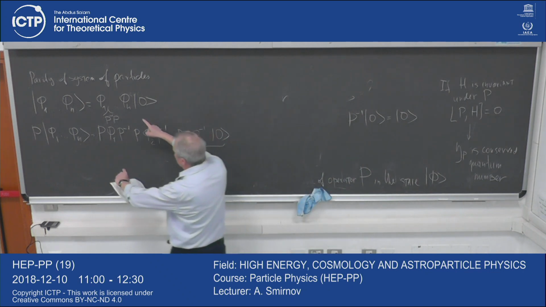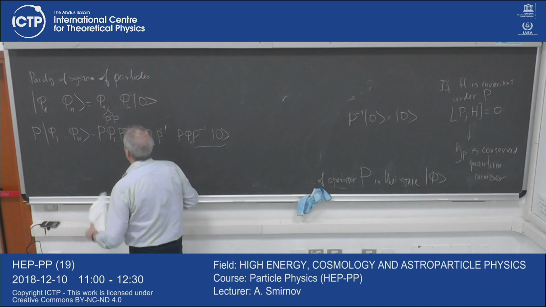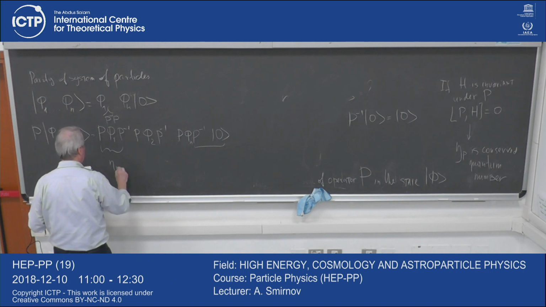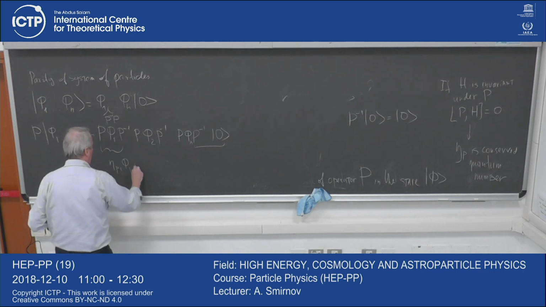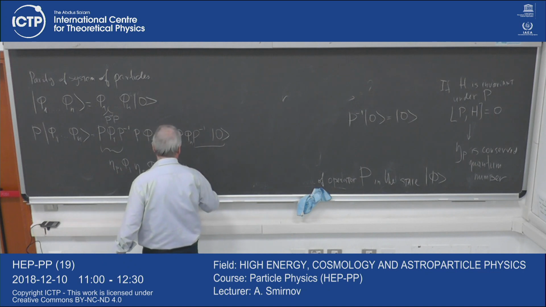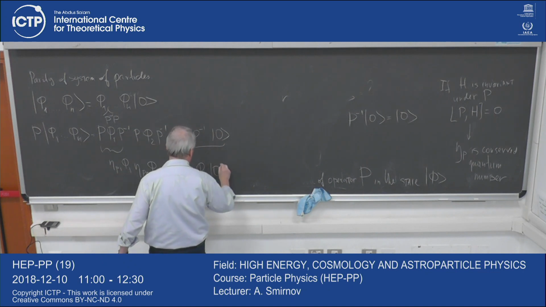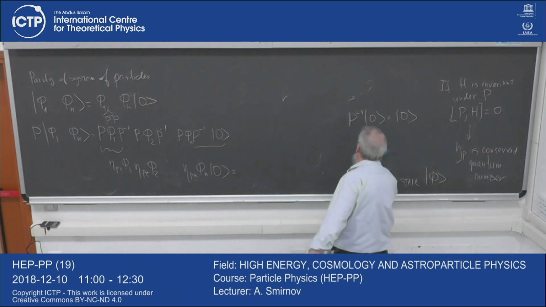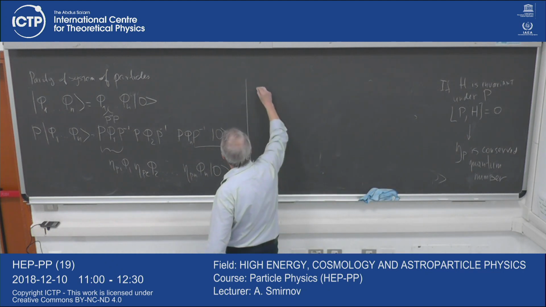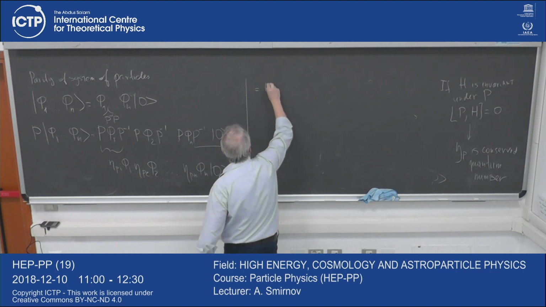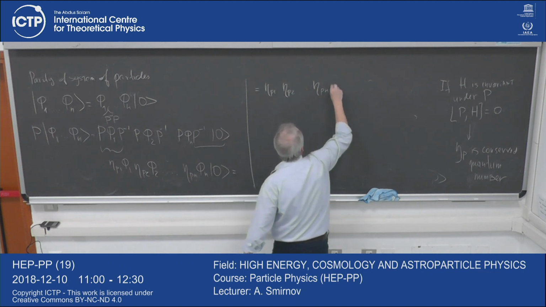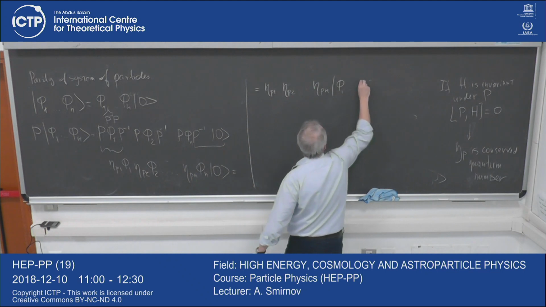So now each of the fields here is surrounded by P minus 1, and by definition this is eta P1 F1, eta P2 F2, eta Pn Fn on the vacuum, and that equals eta P1 times eta P2 up to eta Pn and our F1 to Fn.